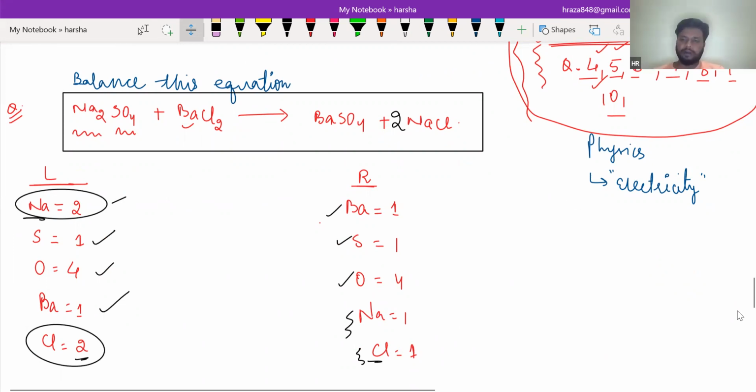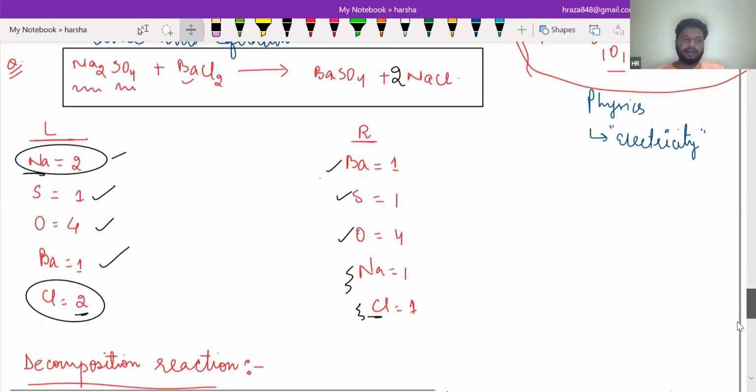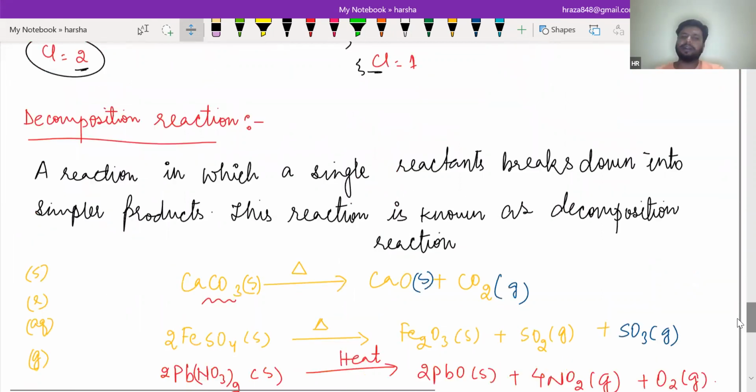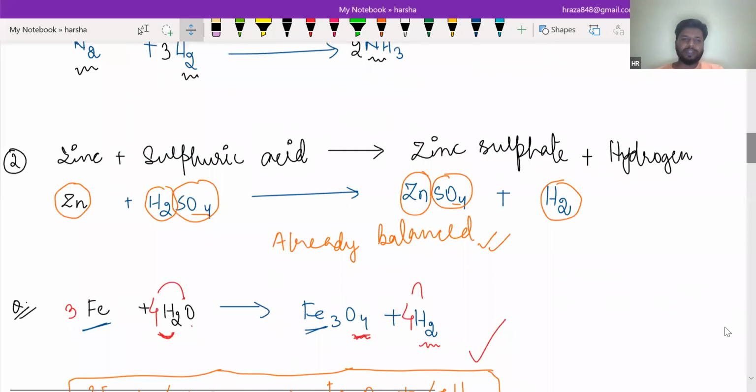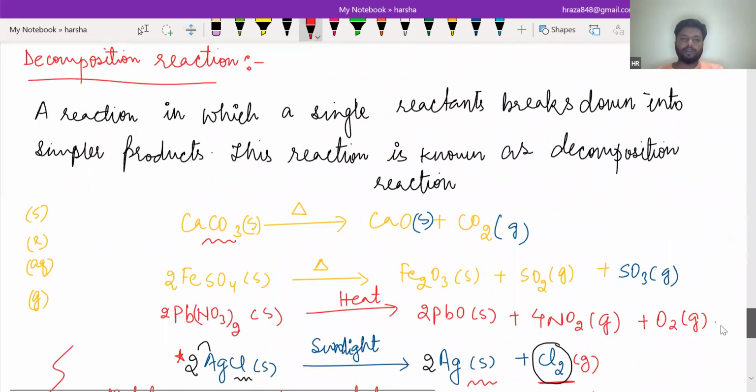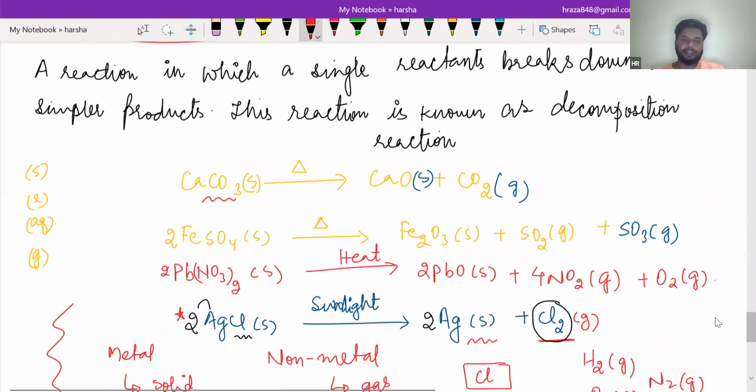And we also covered decomposition reaction. That means a single reactant breaks down into simpler products, that is, two or more products. I also gave some examples of decomposition reaction, just like CaCO3: when we give heat, it is converted into CaO plus CO2.